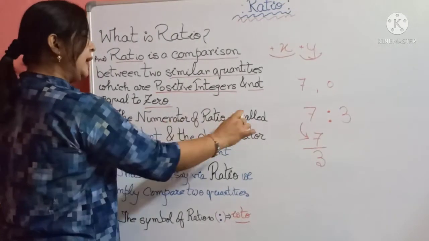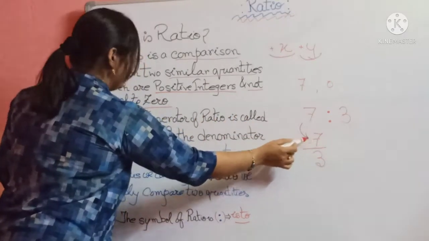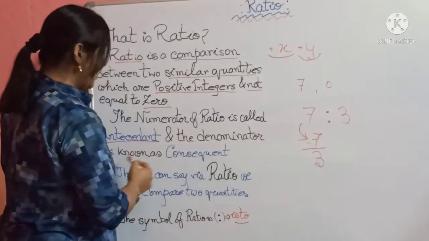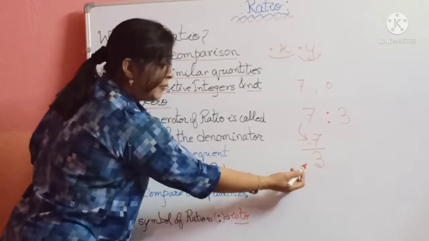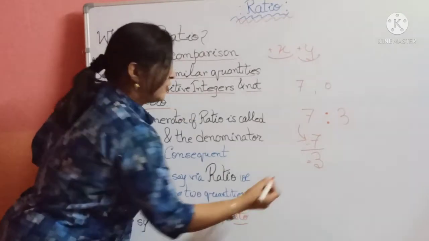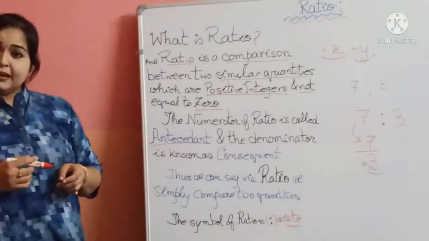The numerator of a ratio is called the antecedent, and 7 is the numerator. So 7 is the antecedent and the denominator is known as the consequent. Here which one is the consequent? Tell me. Which one? 3. So 3 is the consequent as it is the denominator.